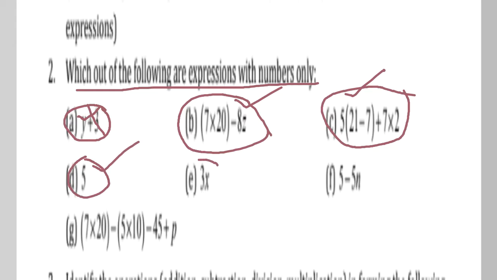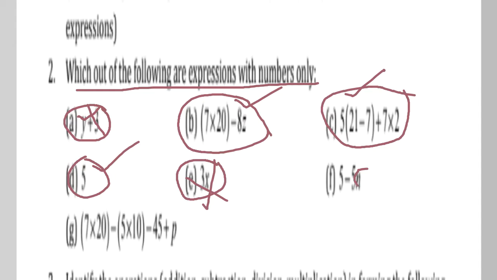And you can see this is part E, 3x. 3 is a constant but x is a variable. So this is not without variables. And here part F, 5 minus 5n. You can see this is an expression, but here n is a variable, so this is not our correct answer.